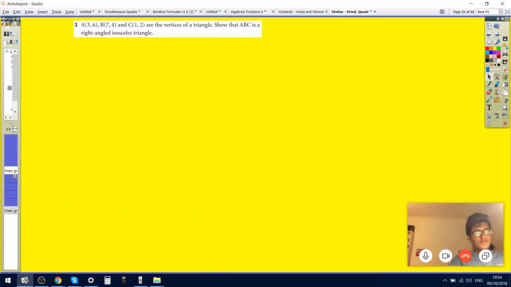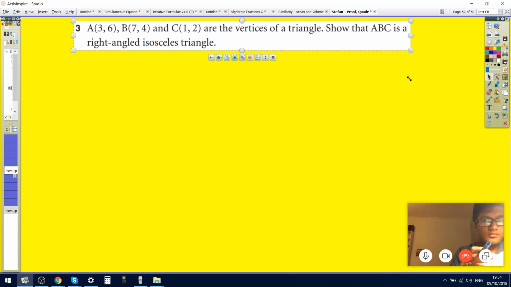Okay, how would you show that this is a right-angled isosceles triangle? I'll just write the question down. A is 3 6, B is 7 4, C is 1 2. They're the vertices of a triangle.